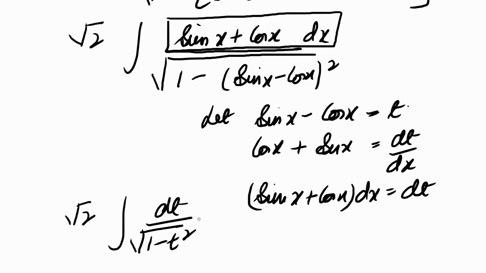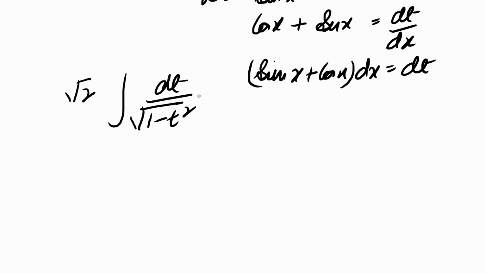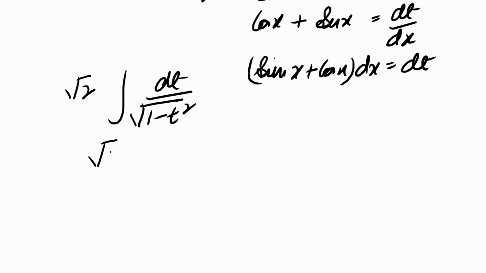Now under root 1 minus t square has a direct integration formula, root 2 sin inverse t plus c. And t is what?